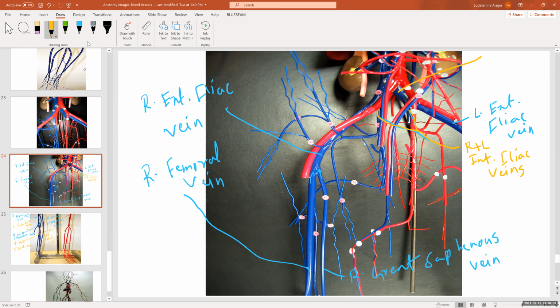That makes this as well as this left common iliac vein. And that's right common iliac vein. The left and right common iliac vein join to form, right there, that name is inferior vena cava.